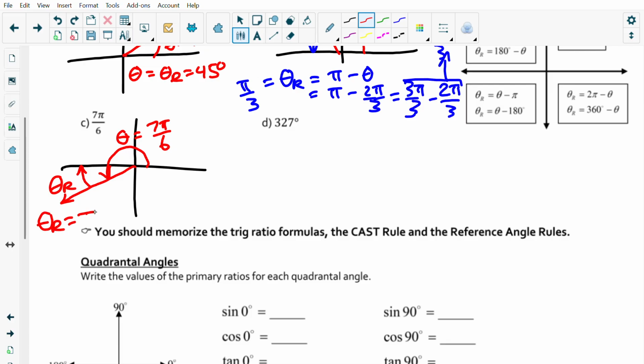Theta r this time is theta minus 180 degrees. Not 180, pi, because we're in radians. So that is 7 pi over 6, and I'm going to rewrite pi as 6 pi over 6. So my reference angle is pi over 6.